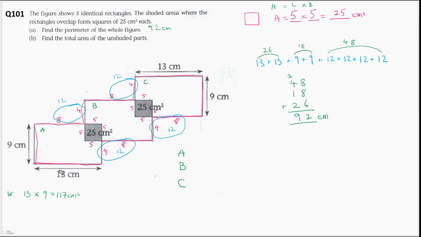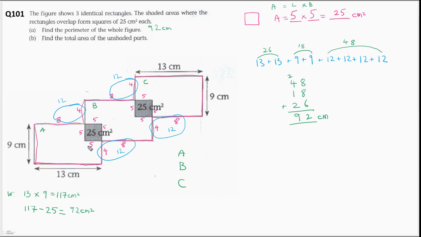Now, for A and for C, I need to take away the area of one of these squares, which we already know is 25 centimeters squared. So I'm going to do 117, and I'm going to minus 25, and that gives me 92 centimeters squared.